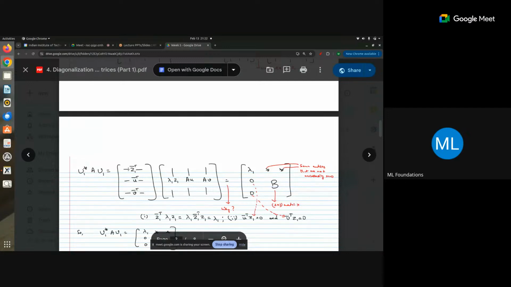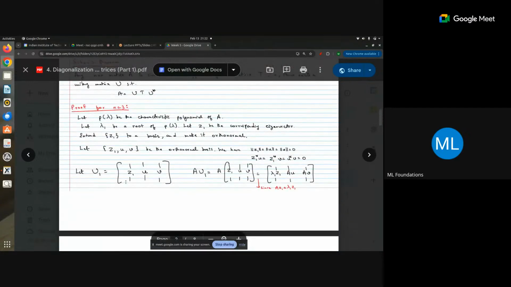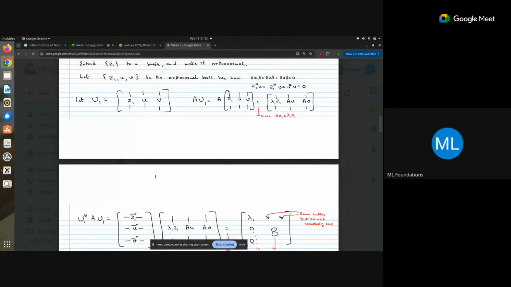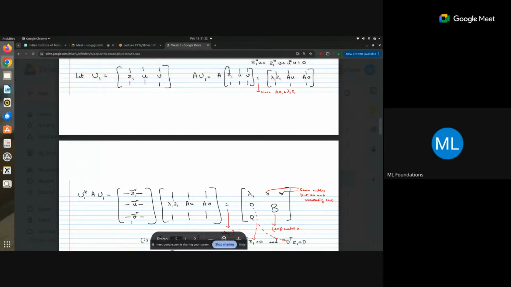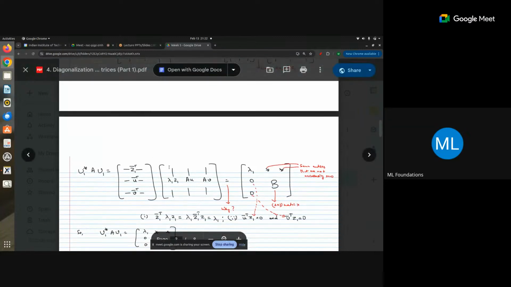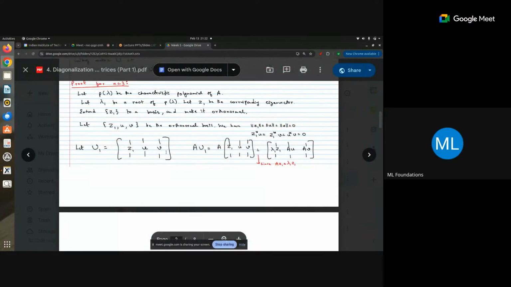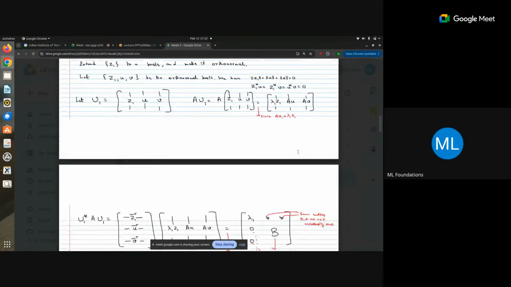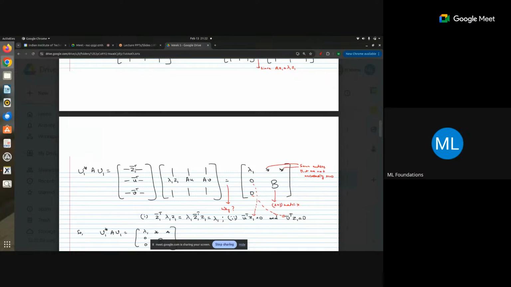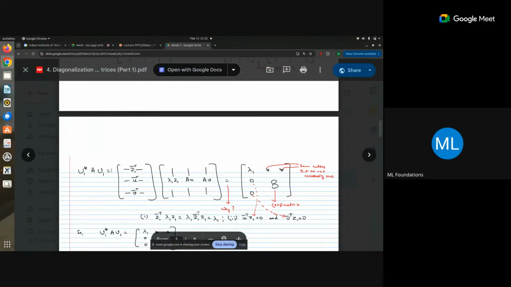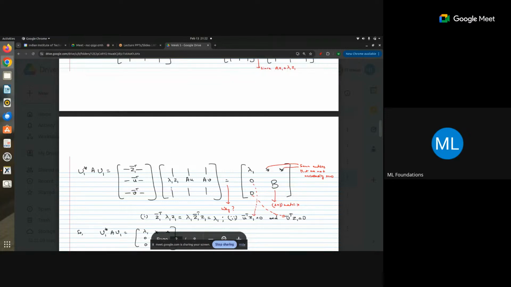If U1 was Z1, U and V, the conjugate transpose will have Z1 as a row now, and U and V also become rows, the conjugate transposed ones. Then this is AU1, which is lambda 1 Z1, AU and AV. What will happen now if I take the multiplication? The first row of this is multiplied with this.